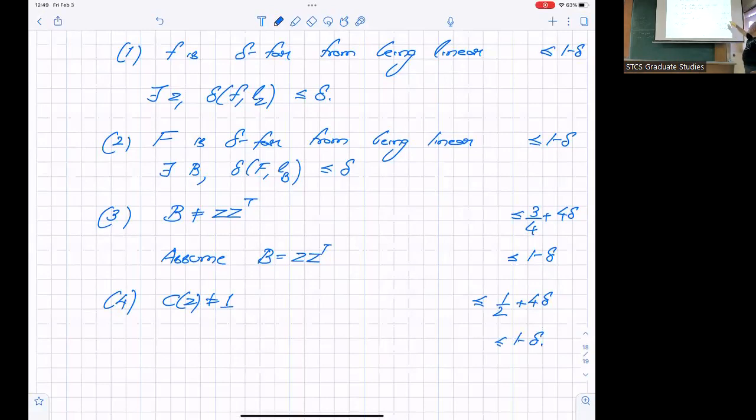So you choose delta to be small enough, and this will happen. Therefore, one of the tests will catch you, and that's the end.